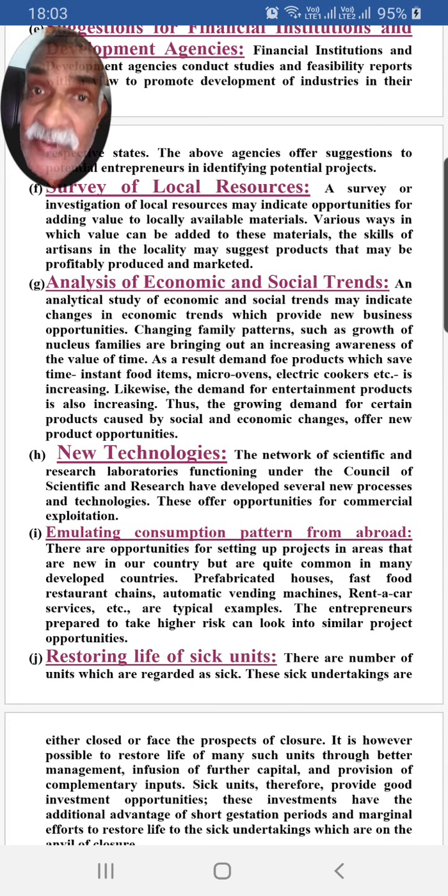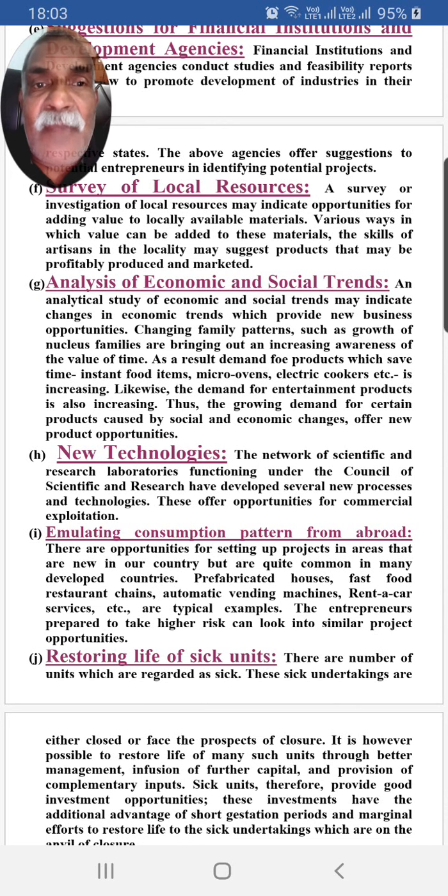Changing financial pattern of the families, such as growth of nuclear families, is bringing out an increasing awareness of the value of time.